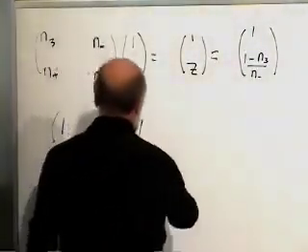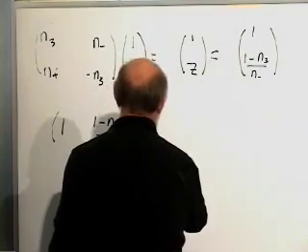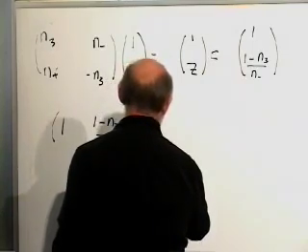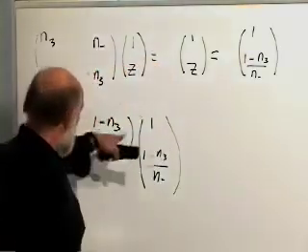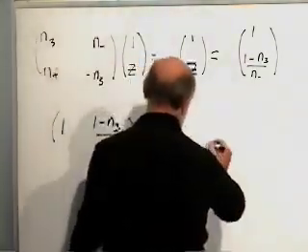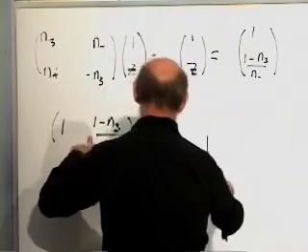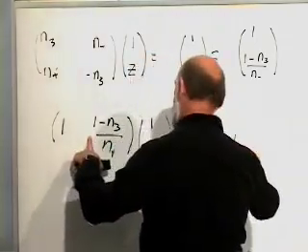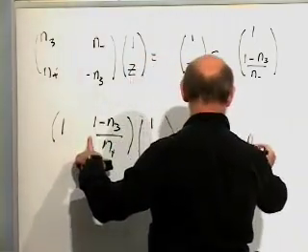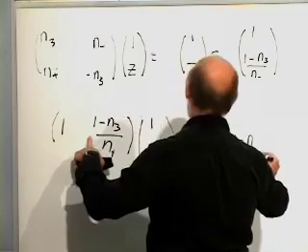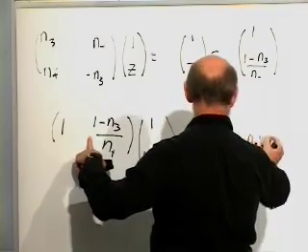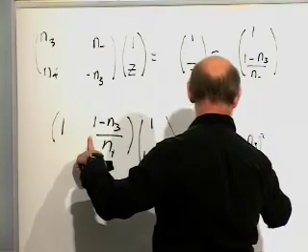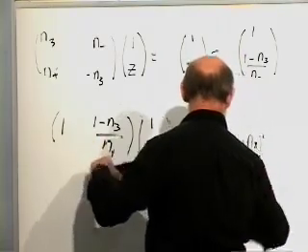And if I multiply this by the column vector, 1 minus n3 over n minus, then what I'll get is 1 times 1 plus 1 minus n3 squared over n plus n minus. Did I do that right?